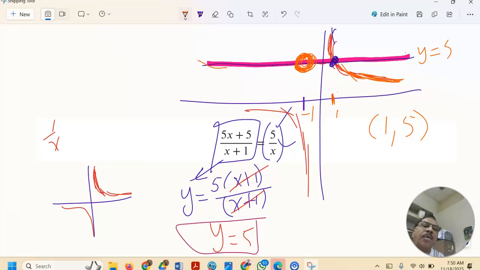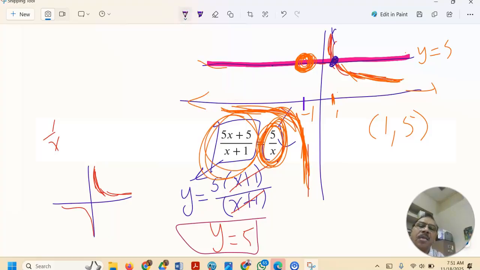So do you have to graph this? No, I'm just trying to show what this means. It is the red graph of the rational function, stretched by a scale factor of 5. But the left side, even though it is a rational function, somehow we end up getting a horizontal line.